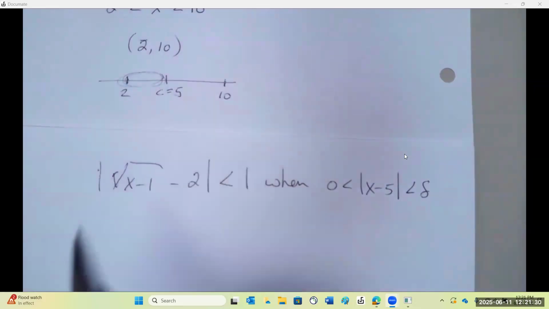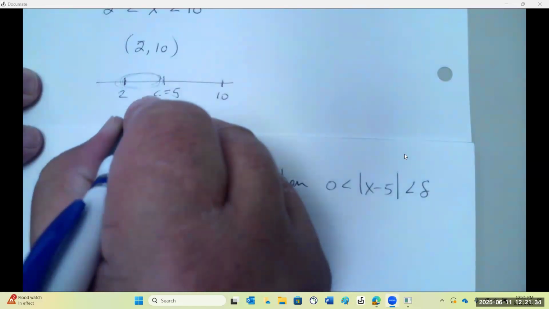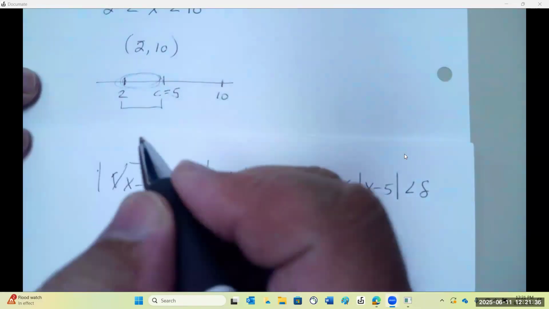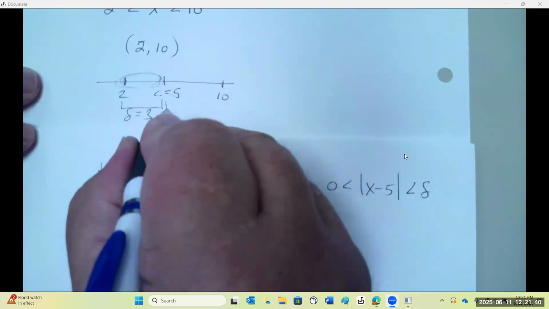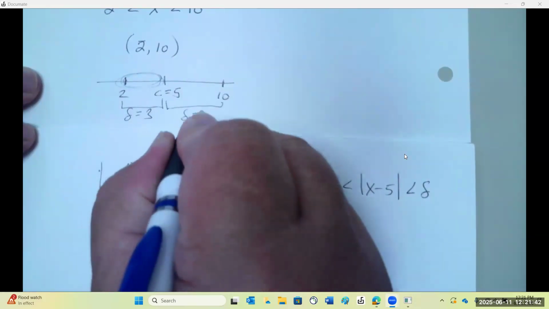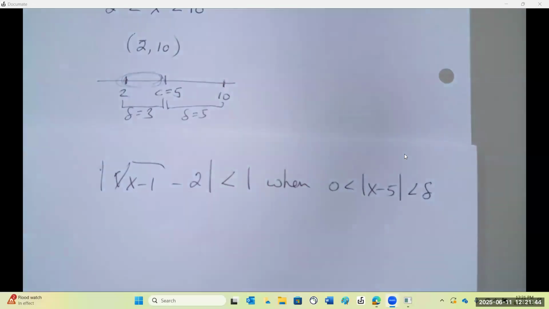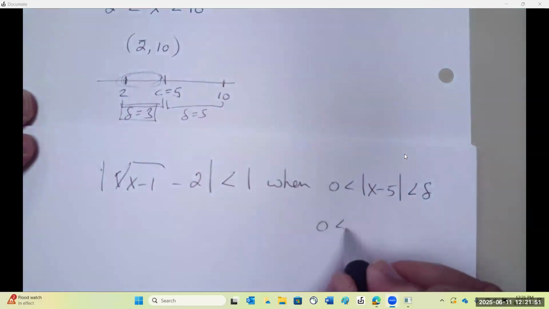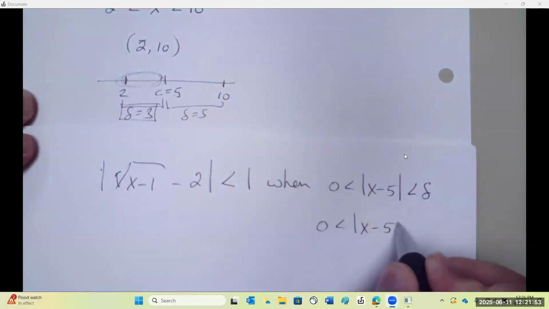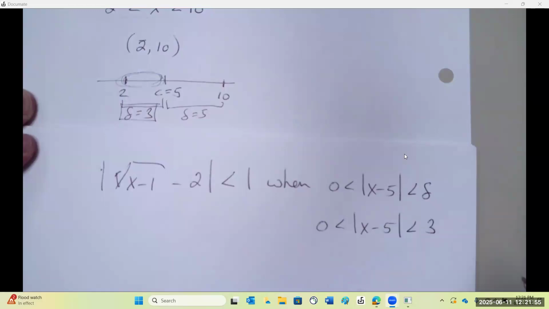Now, what's our delta going to be? Our delta is how far we are from our c value. The delta here is 3. The delta here is 5. So we're going to use the smaller of the two. So our delta is going to be 3.